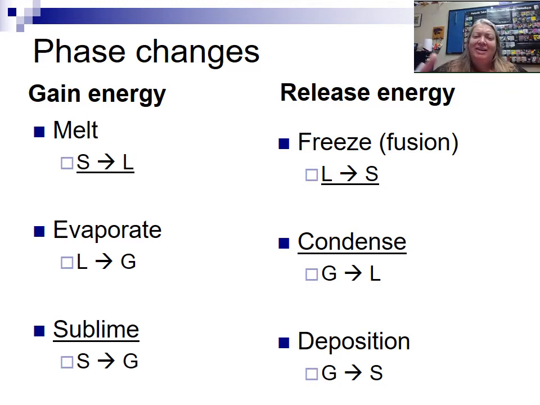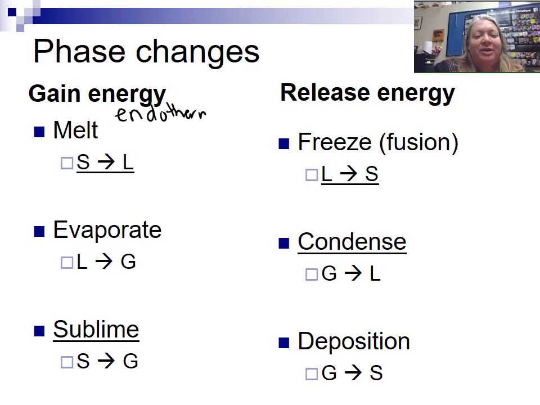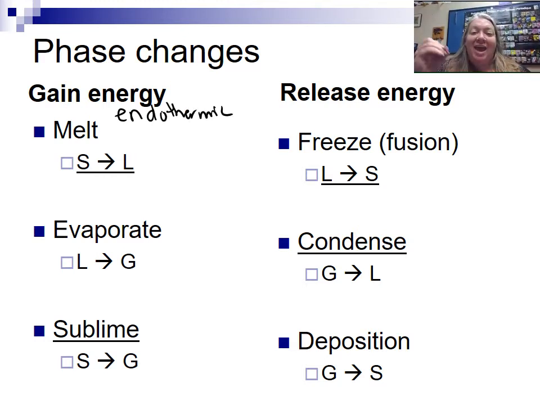You have to heat up that substance. That means that melting gains energy, and we have a special term for that. Do you remember it? That's endothermic. We have to add energy to make that happen. Now in that column, there's a bunch more endothermic phase changes.